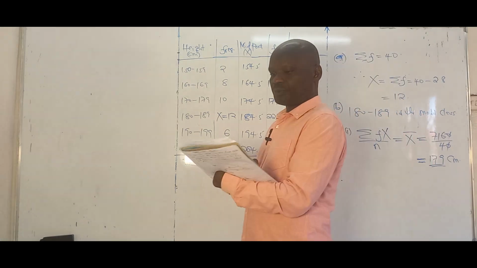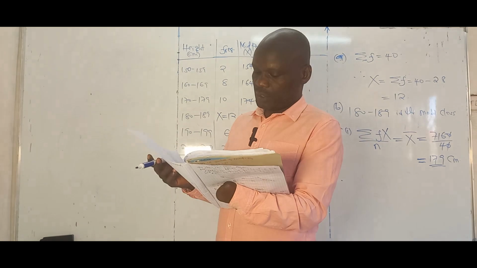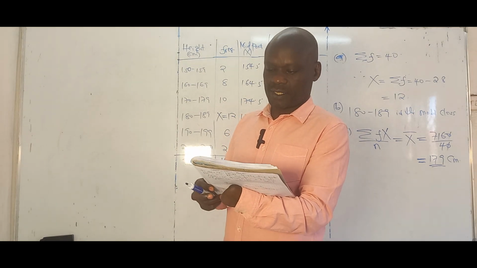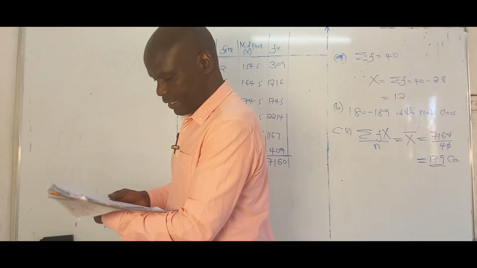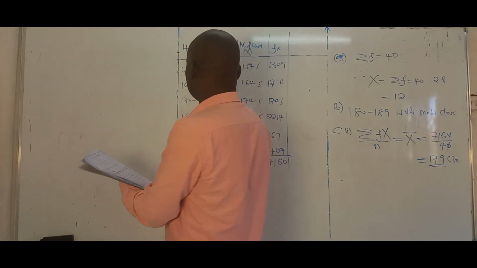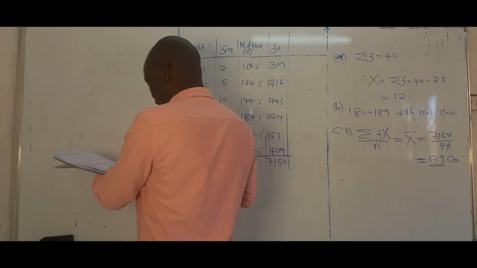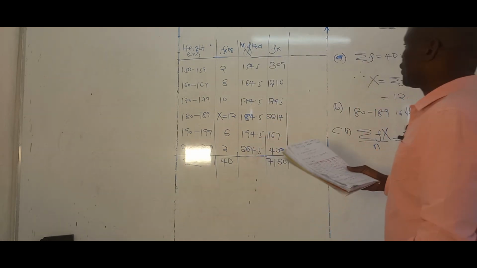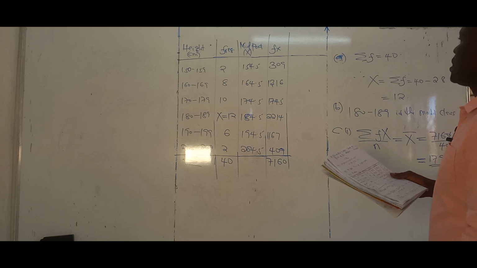Roman 2 is asking us to find the median height correct to 1 decimal place of the athletes. For us to get the median, there is a column that we'll need to add.